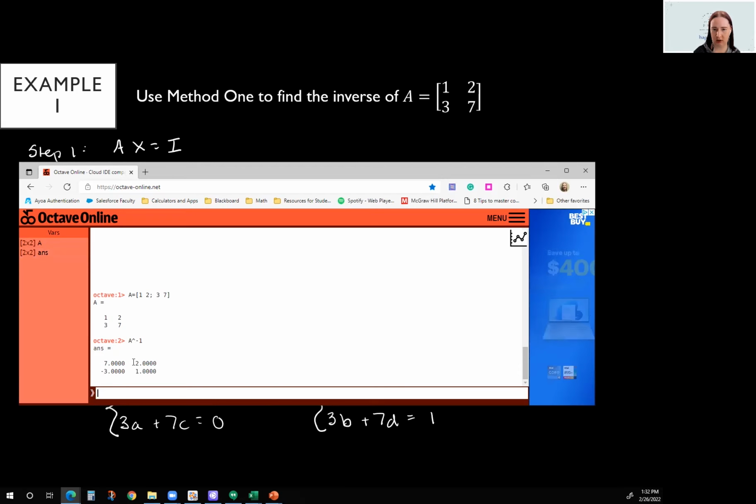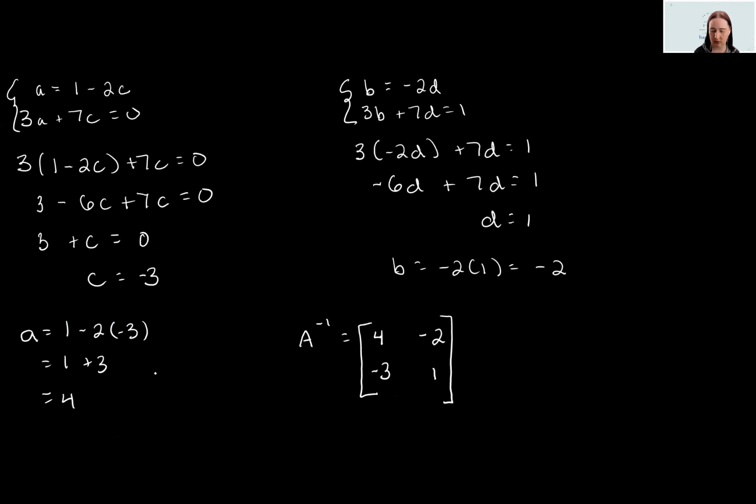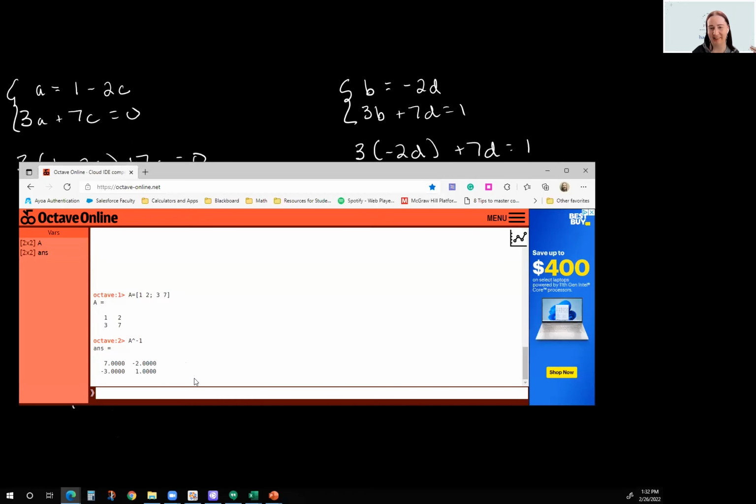We get 7, -2, -3, 1, which is not what I got. So this is why we check our work, because I might have made a math error somewhere. That's why I got a 7, -3, -3, 1.